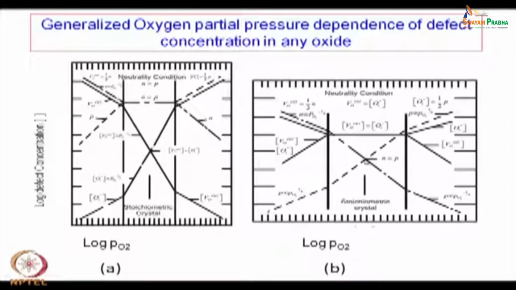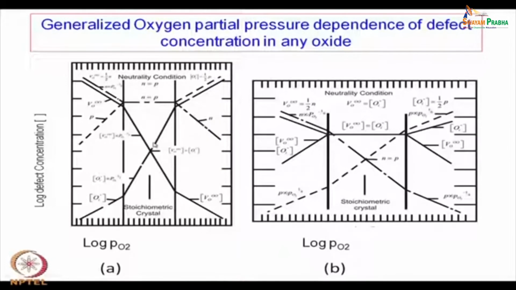In this diagram, it may correspond to another oxide. This diagram may be valid for one kind of oxide, and this may be valid for another group of oxides.